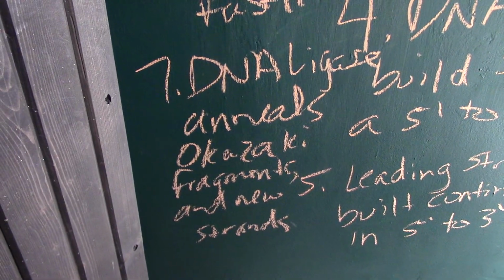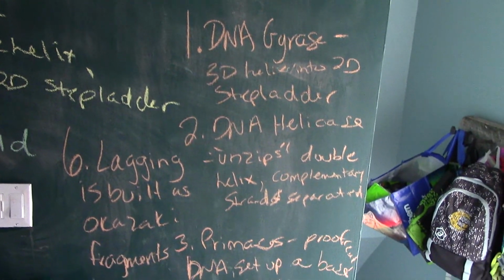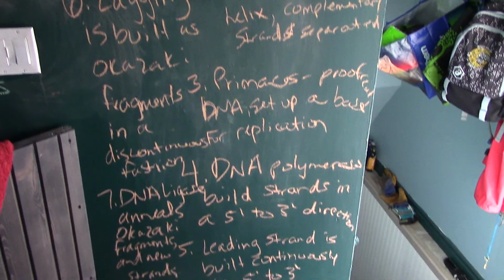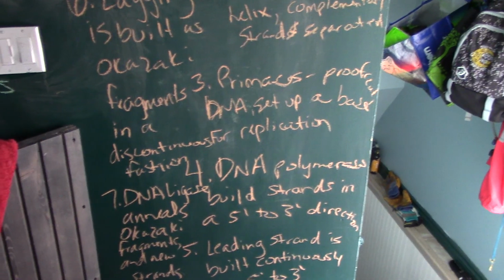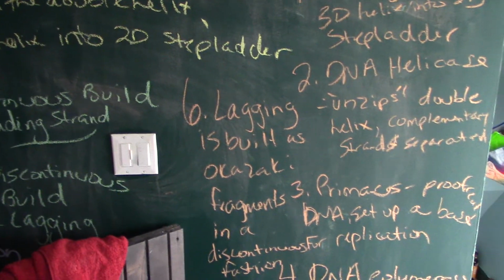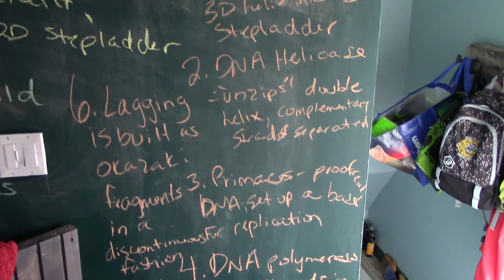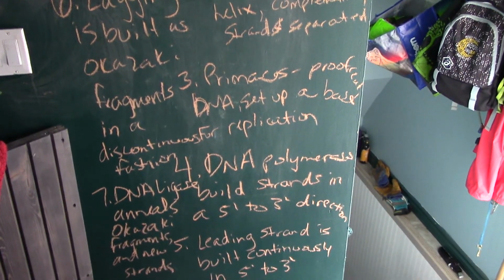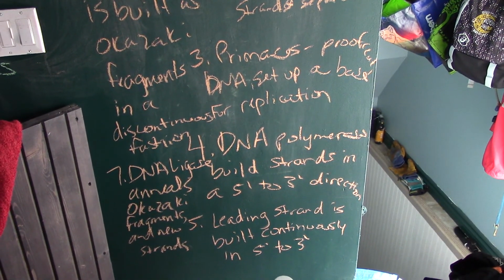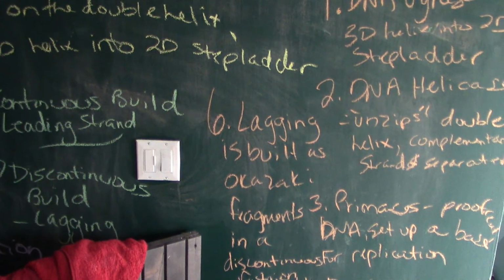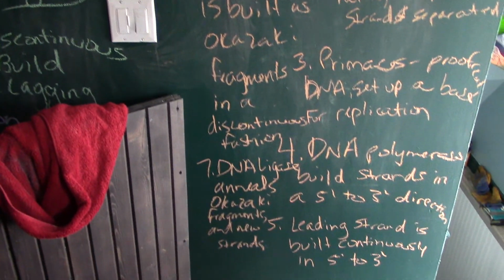Let me just let you take a look at this again. It's a little bit messy, but you can see it. So step 1, step 2, step 3, step 4, step 5, step 6, and then step 7.